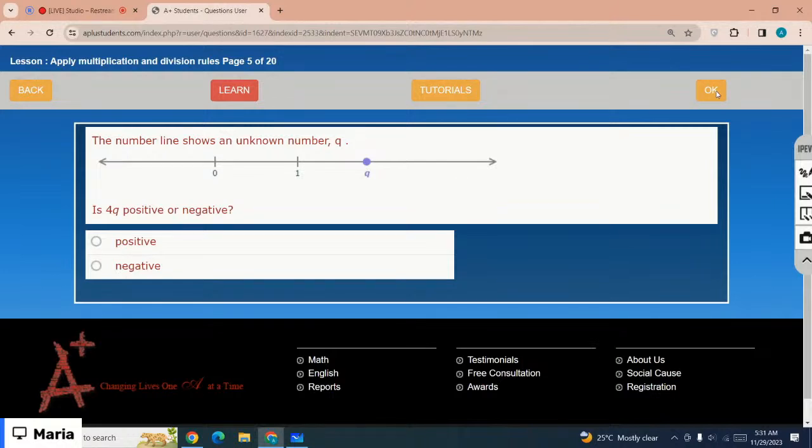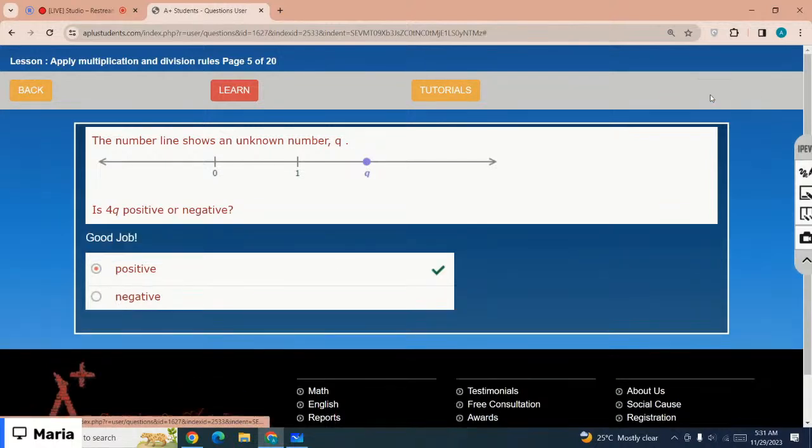Which is the correct option? Yes, that would be positive because q is positive and also the number you are multiplying is positive, so that is positive.